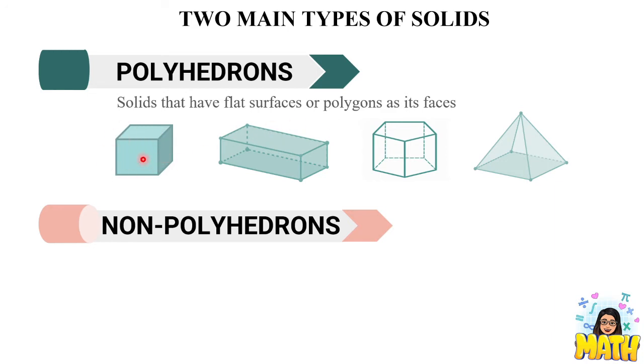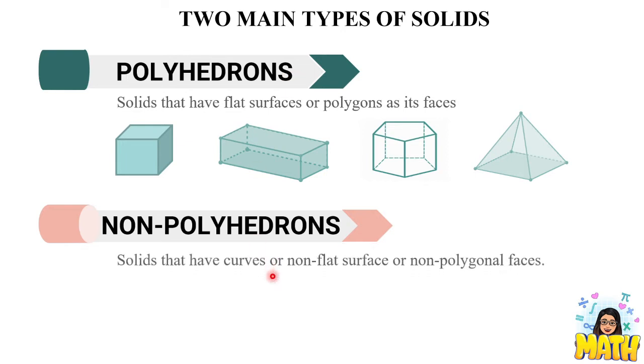Here, we can see that all of the faces are squares. Dito naman, most of them are rectangles. In the third one, pentagons and quadrilaterals. While in pyramids, we have a square and triangles. For as long as ang mga faces nito ay polygons or even flat surfaces, they are classified as polyhedrons.